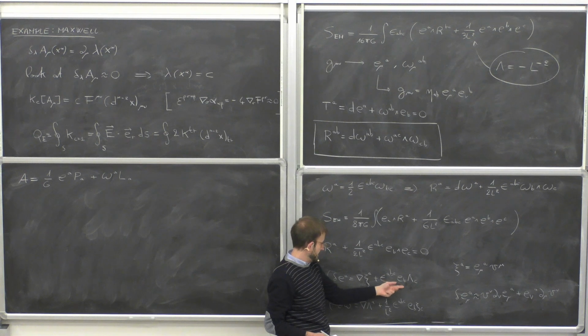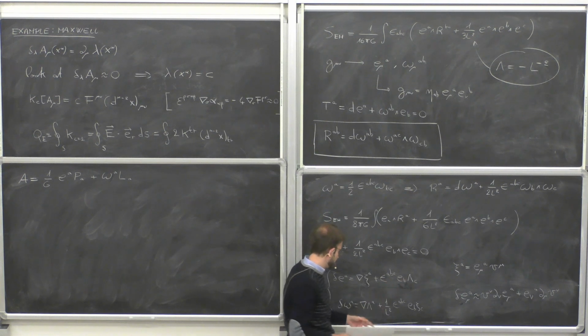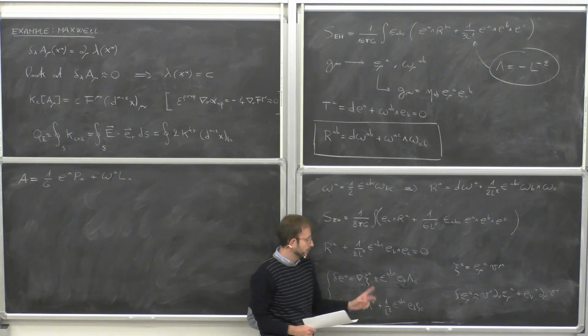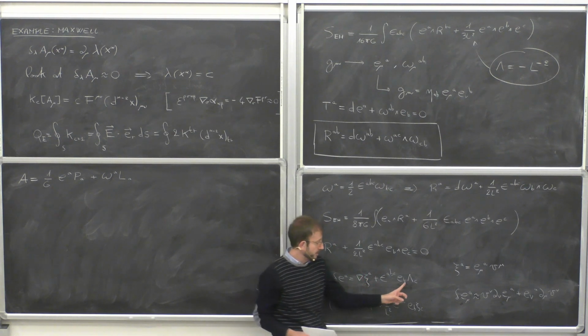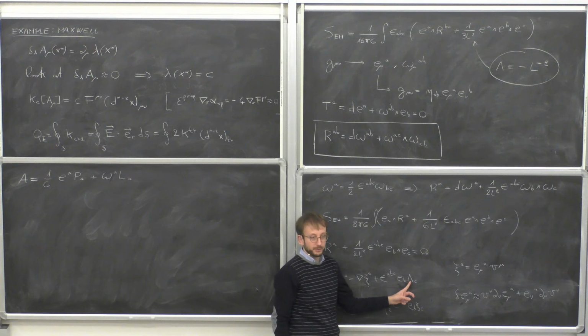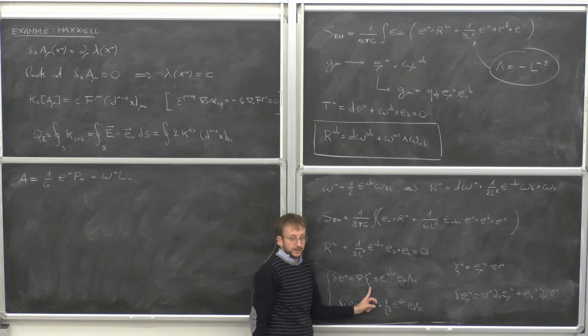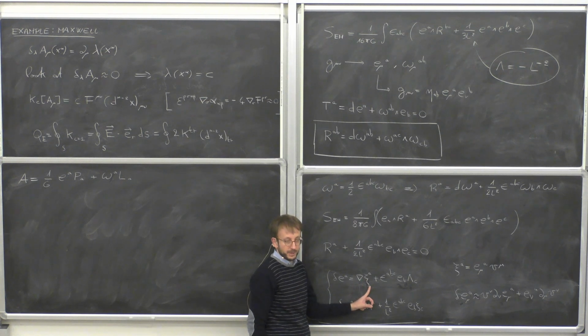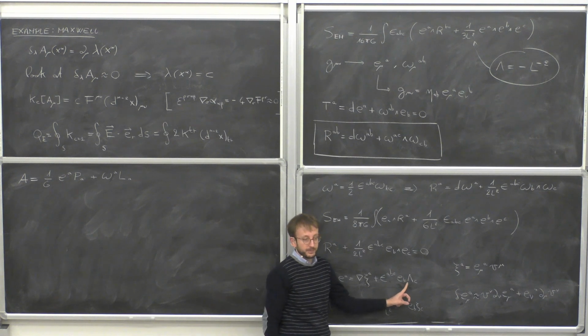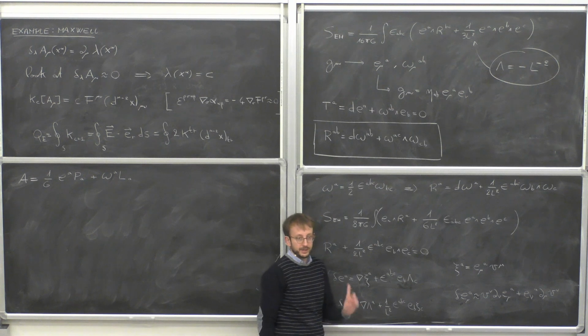Well, at least the indices are correct. No, it's not a wedge product, this one, because this object here is not a one form, so I don't need the wedge product here. This object is a one form. This object is a zero form. Acting with a derivative, it becomes a one form. And this object here contains a one form and a zero form. Yes, thanks for the other precision.